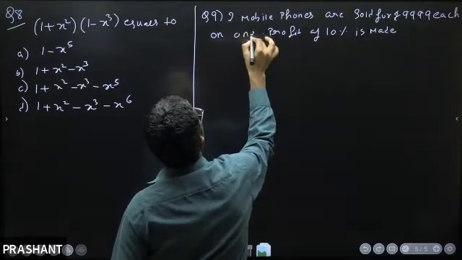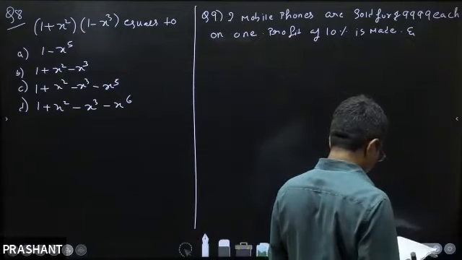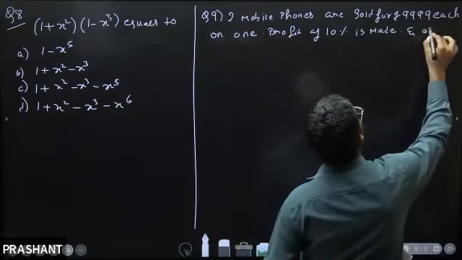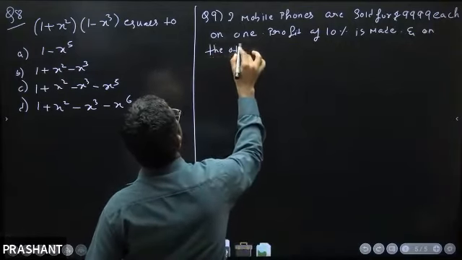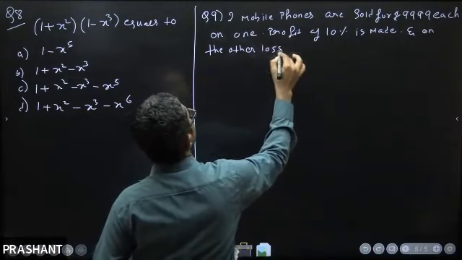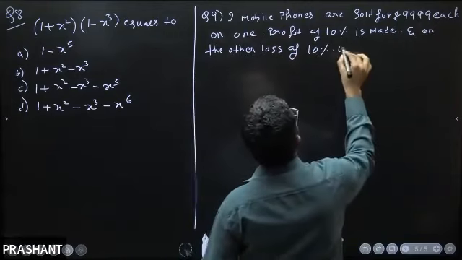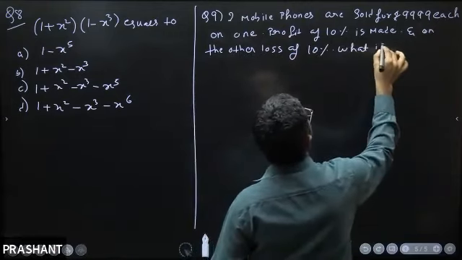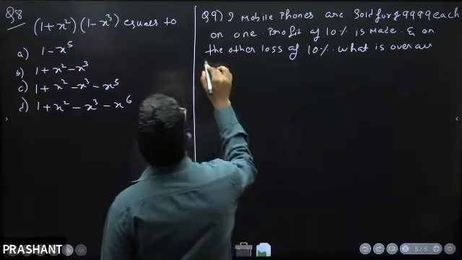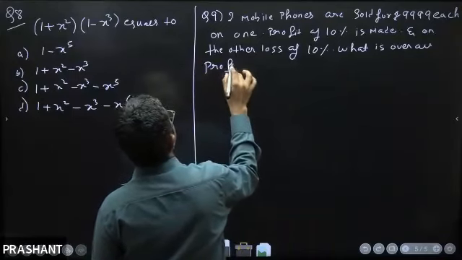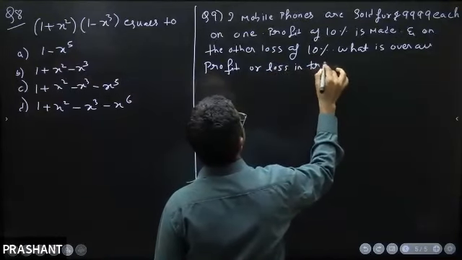On one a profit of 10% is made, and on the other a loss of 10%. What is the overall profit or loss in the transaction?